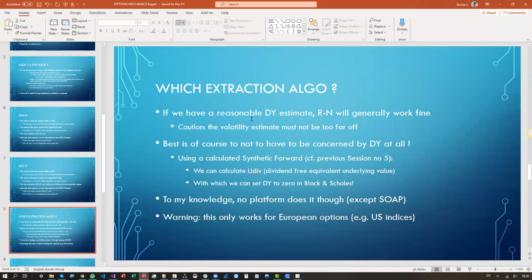When you have calculated that, you can make your calculation simpler, because then you don't have to worry about Nelder-Mead. If you use the dividend-free equivalent, you can actually set dividend yield to 0 in Black-Scholes. And then, considering that you have the strike and the underlying price, the time to expiration is easy to calculate.